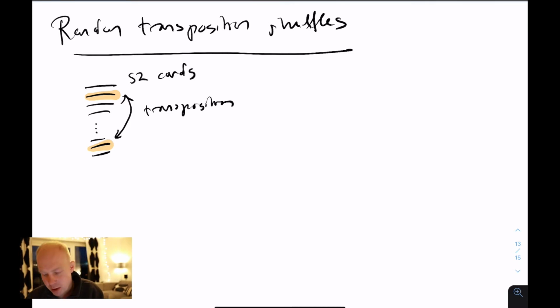What we especially want to define is that the random transposition chooses these two positions randomly. And if you choose the same card, you don't really swap anything.